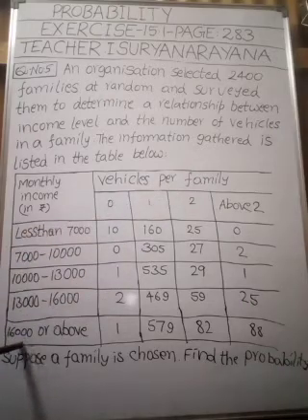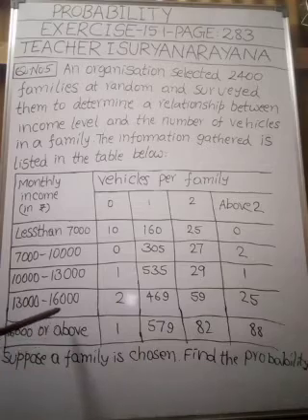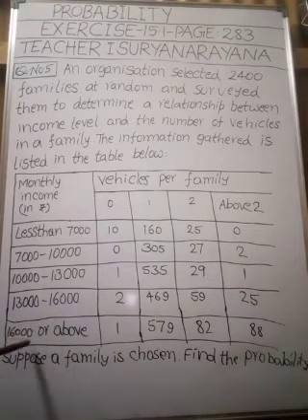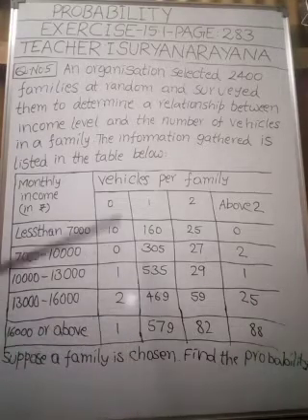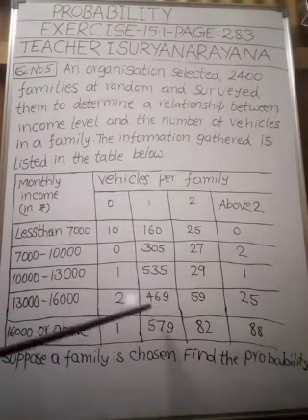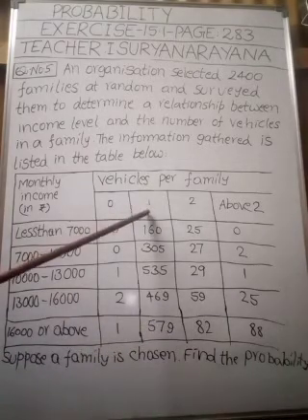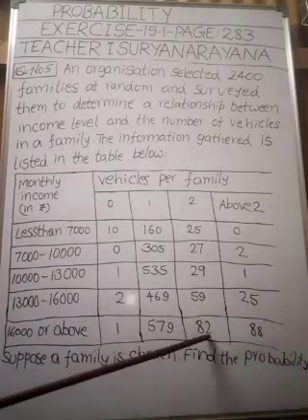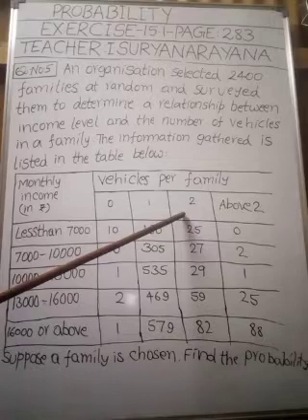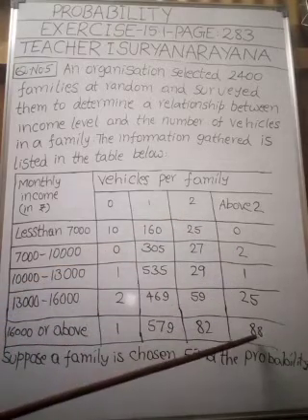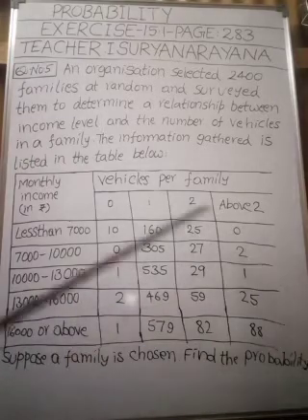And similarly 16,000 rupees or above: only one family does not have any vehicle, exactly 579 families have only one vehicle, 82 families have two vehicles. Okay, my children. 88 families have above two vehicles. Understood this table, my children?